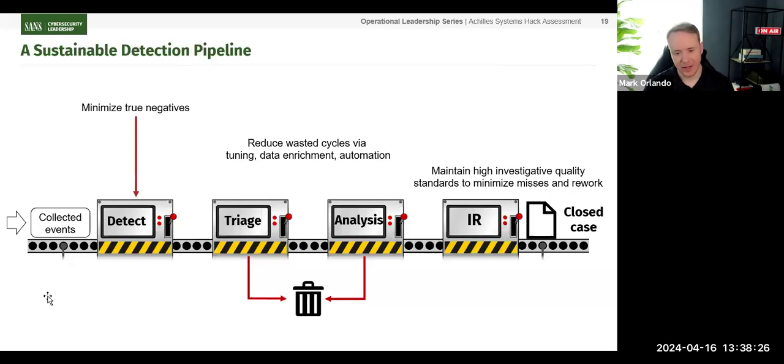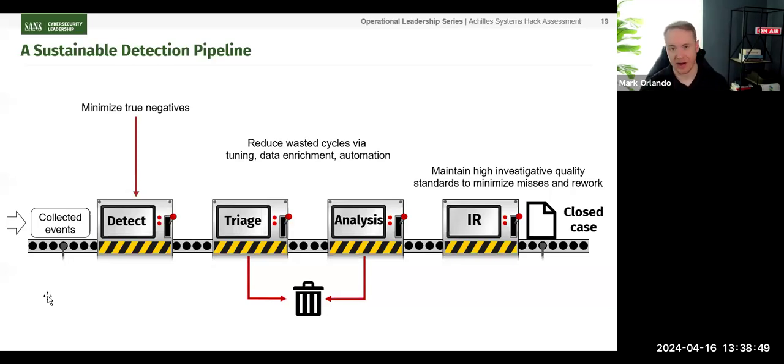Later in the process or later in the pipeline, when we're doing investigation and responding to incidents in the future, we need to maintain high quality standards, look for analytic completeness, accuracy, keep those quality standards high to minimize premature case closure, right?